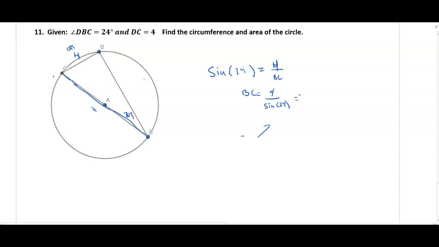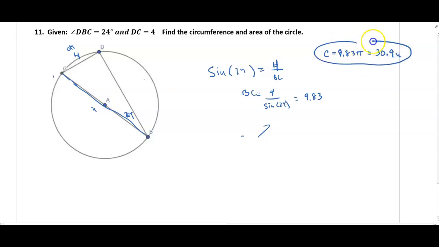And 4 divided by the sine of 24 would give me about 9.83. So right away the circumference of this would be 9.83 pi, which is about 30.9, and that would be units.